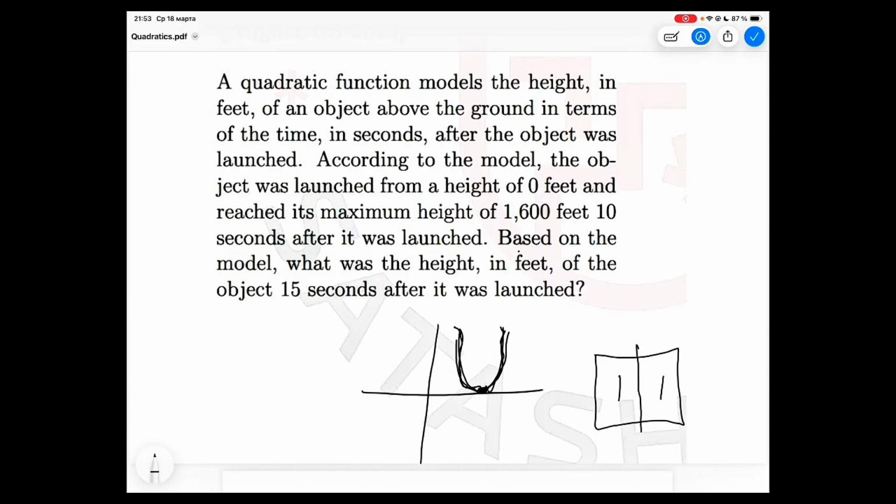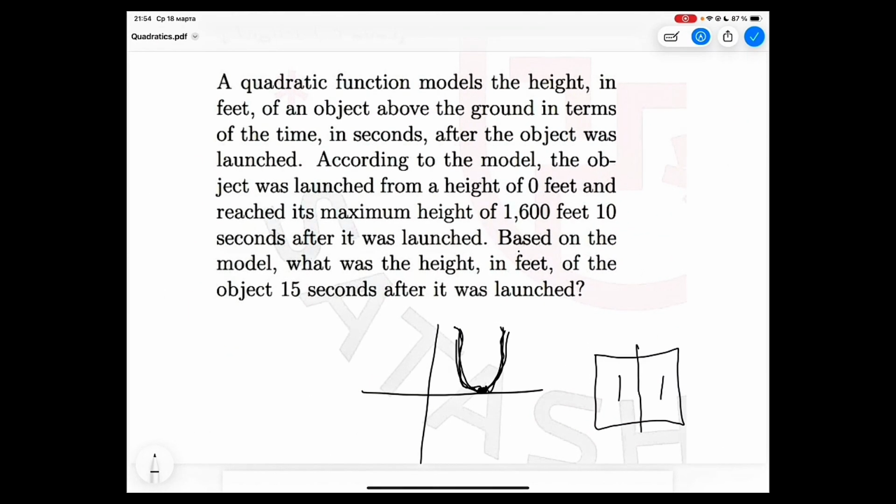So we understand it. It was a long and complicated word problem, but let's convert it to an easy mathematical problem. Firstly, let's get some points. They are saying that when the time is equal to 0, when it was launched, the height is also 0. This is our first point.